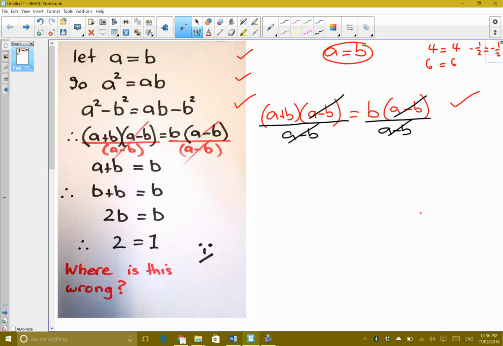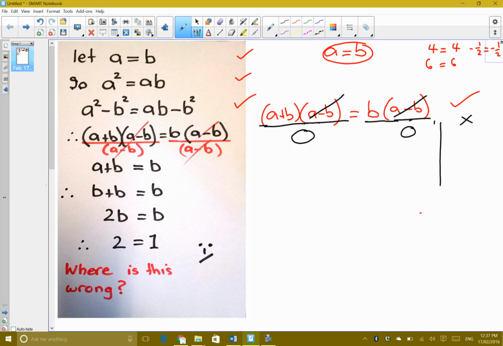However, if a and b are the same thing, we're actually dividing by a minus b: 6 minus 6, 4 minus 4, 3 minus 3, half minus a half. We're actually dividing by 0, which mathematically we can't do.